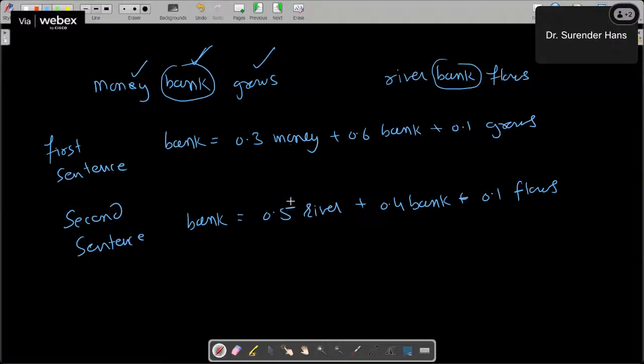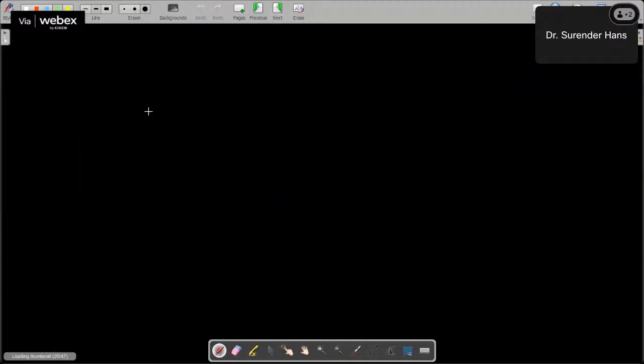Similarly, money is 0.7 money, 0.2 bank, plus 0.1 grows.